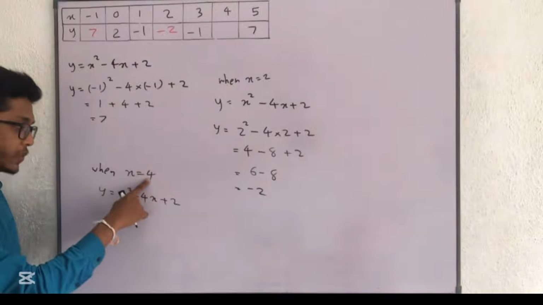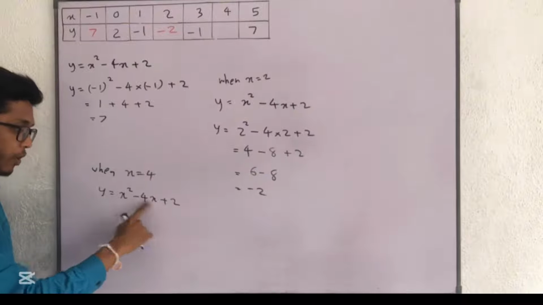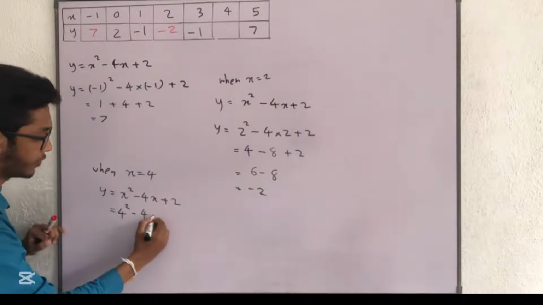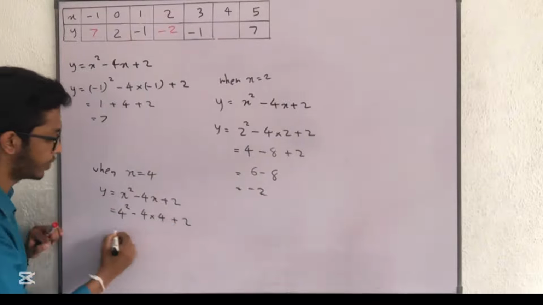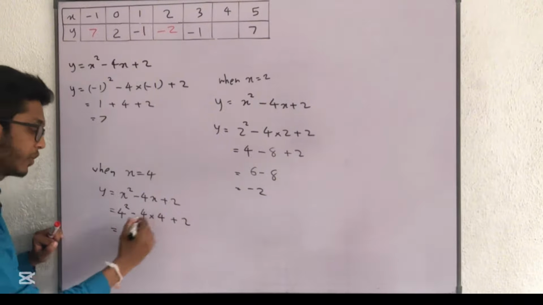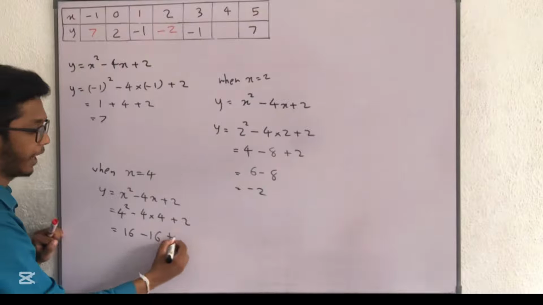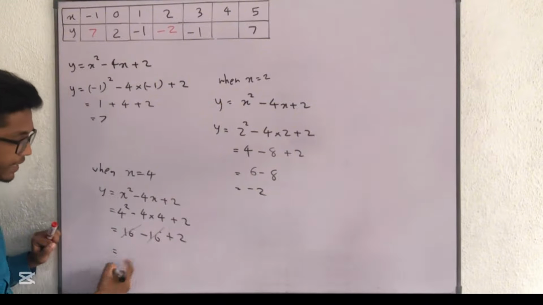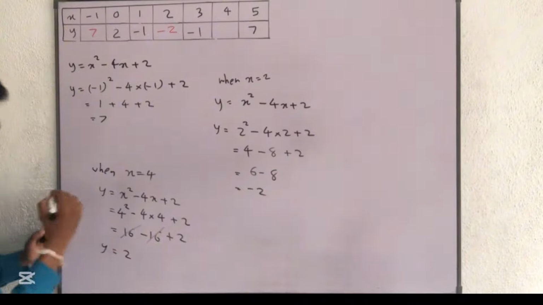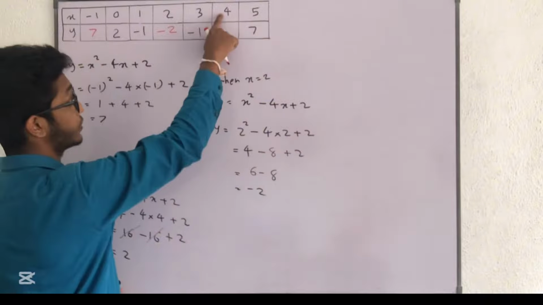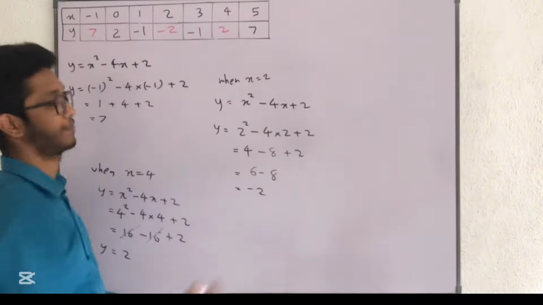So when x equals 4, we substitute 4 for all these x positions. 4 squared minus 4 times 4 plus 2. 4 squared means we get 16. Minus 4 times 4 again we get minus 16, and plus 2. Plus 16 minus 16 get cancelled and we get the value 2 for y. So when x equals 4, the y value is 2.